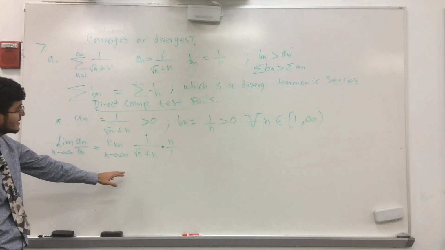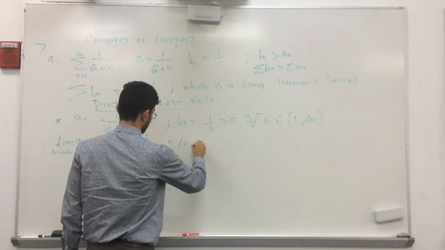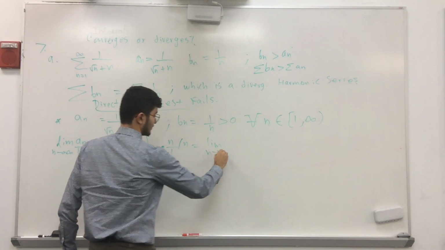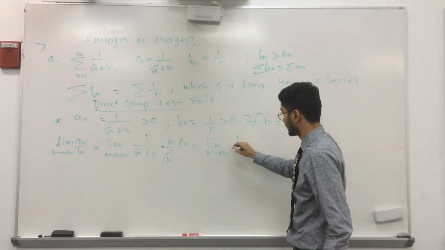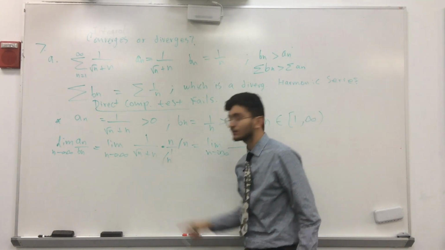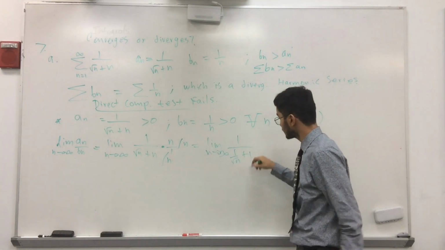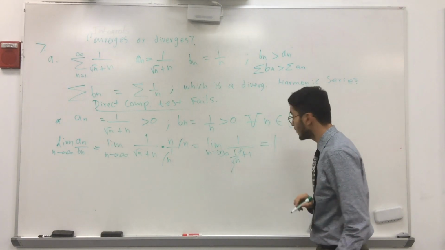Over here, we can do a little trick: divide by n on top and bottom. So this is the limit as n goes to infinity of n over n, which is 1, divided by the square root of n over n, which is 1 over the square root of n, plus n over n, which is 1. This goes to 0 as n goes to infinity, and we have that the limit is 1.